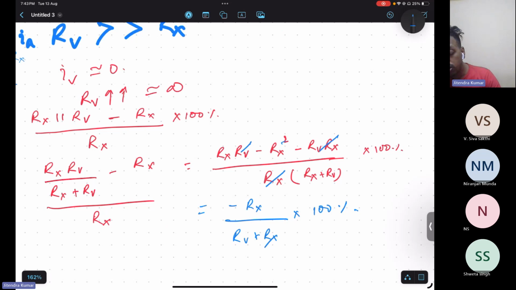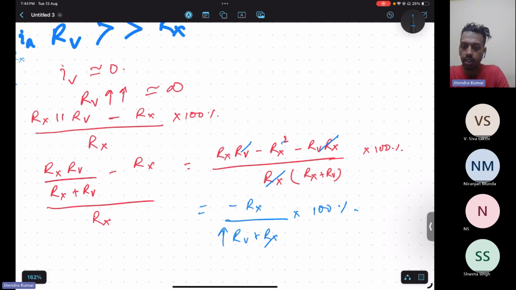Isn't it? So now the more RV you have, if you increase RV, your error is going to reduce. And the negative sign just indicates that the voltmeter is showing less than whatever is required or whatever is the actual resistance.